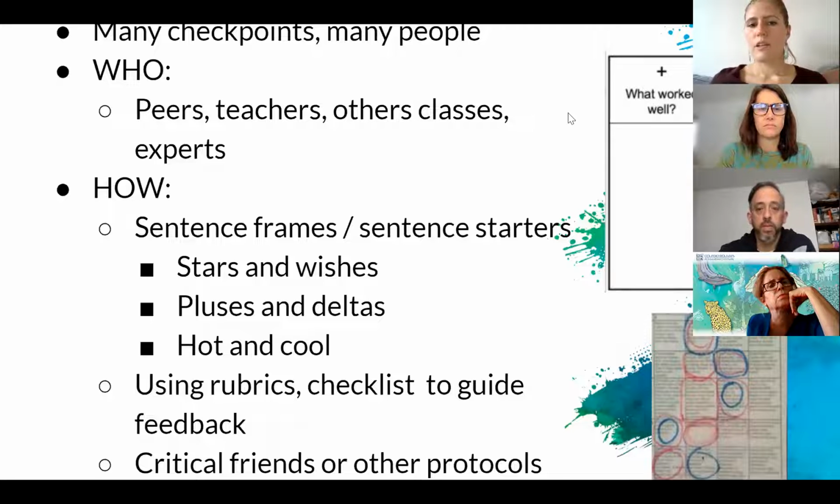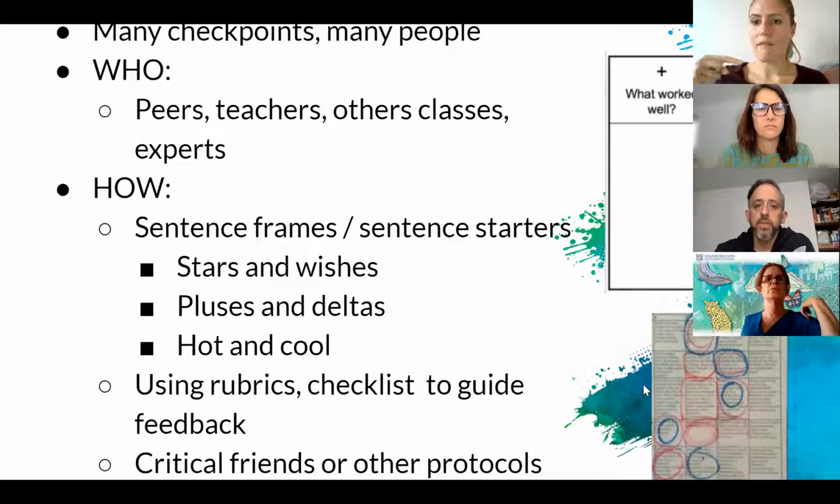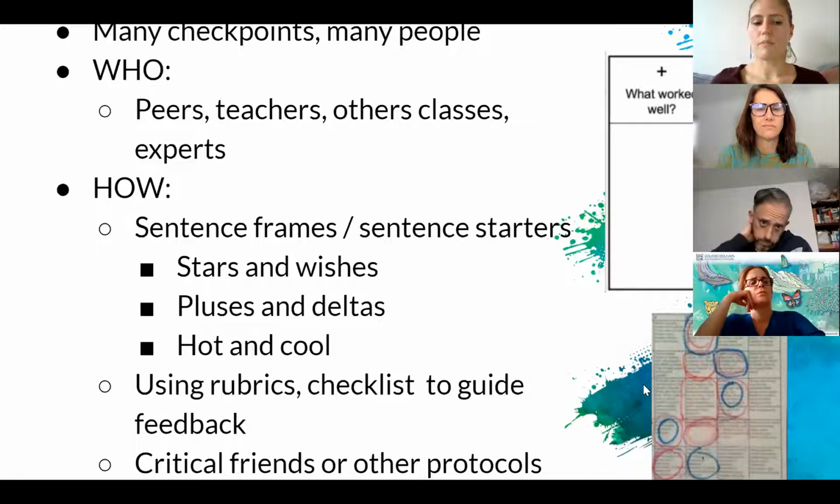How can you do it? You can see one possible way of doing that up in the right corner. So that's a plus and delta format, one way to give feedback. You also are, I'm sure, all very familiar with your classic rubrics, handing those rubrics or parts of rubrics, sometimes just one section, to students and having them do a gallery walk or partner up with someone and give them feedback.